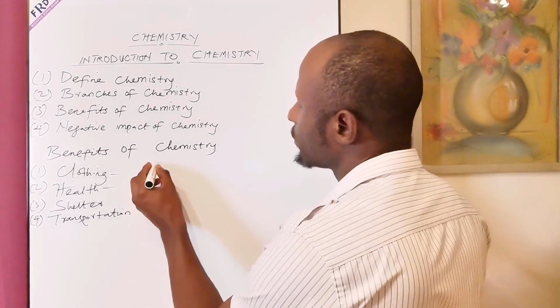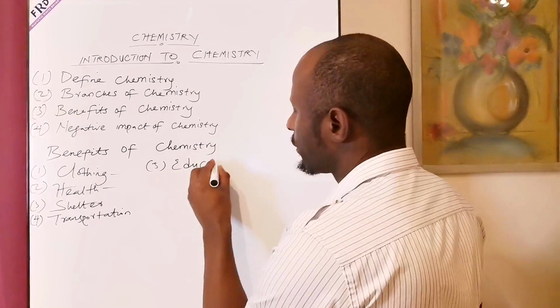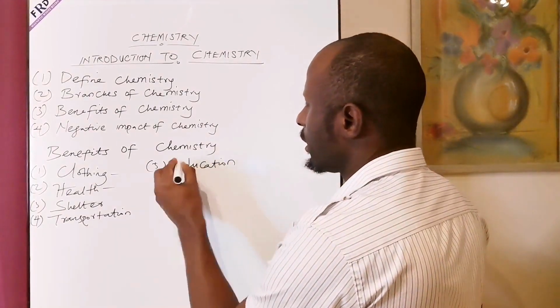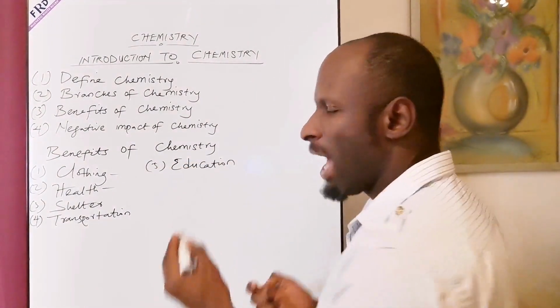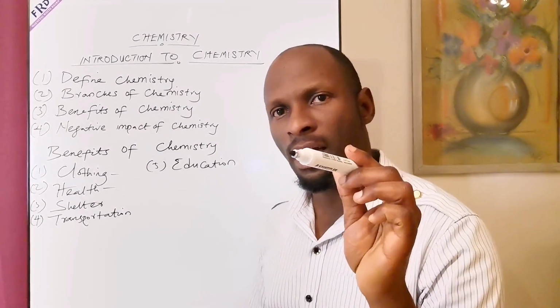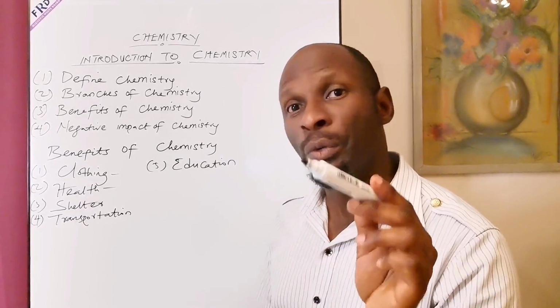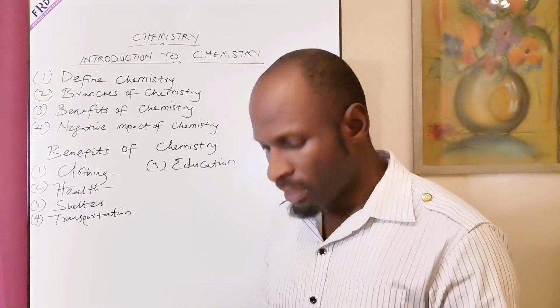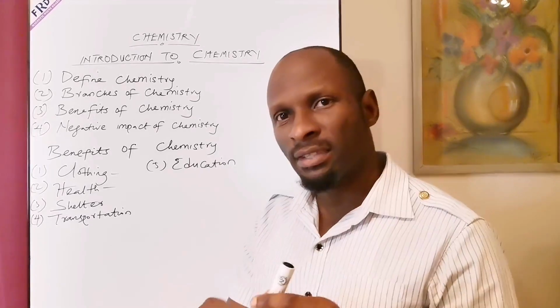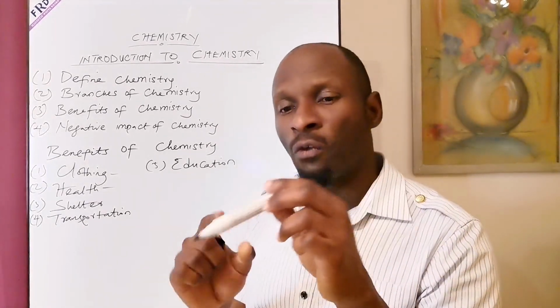Now, let's now talk about education. Education. Now, I am writing with a marker. This particular marker has an ink which is chemically processed. Now, the container that this marker or the body of this marker is made of what?